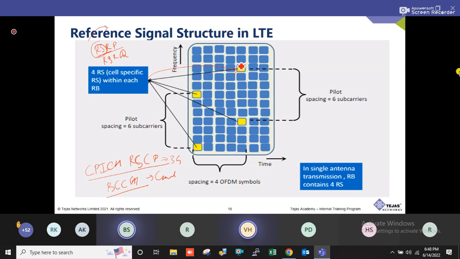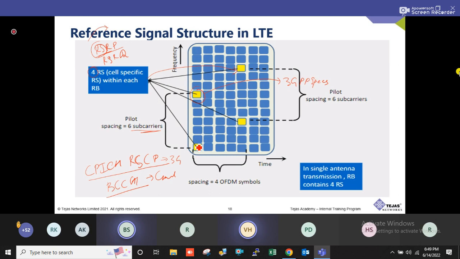The reference signal positions are already fixed according to the 3GPP specification itself. You cannot change this. According to the 3GPP specs, in each slot the reference signal occupies 4 REs, and how are these 4 placed? In the frequency domain, they have a gap of 6 subcarriers.